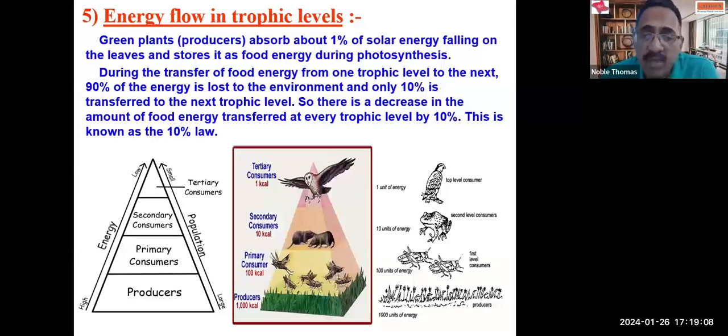They can transmit only 10% of their energy to the next trophic level. But interestingly, out of the total amount of energy available, the producers can convert only 1% of that into chemical energy. The remaining 99% of the sunlight which is available to the earth is going unutilized.